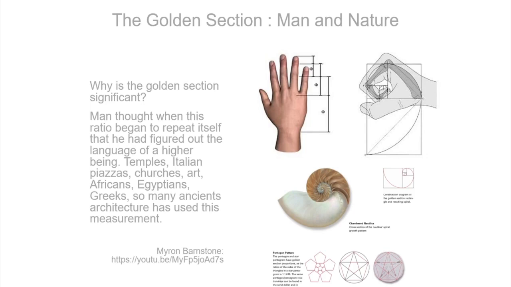But when it was determined that all of these proportions were similar, what man thought was that he had kind of discovered the language of the gods. Myron Barnstone, I show a link on the bottom, gives a really great lecture about the way in which man decided to use this relationship as we started to build temples and piazzas, Italian Renaissance.